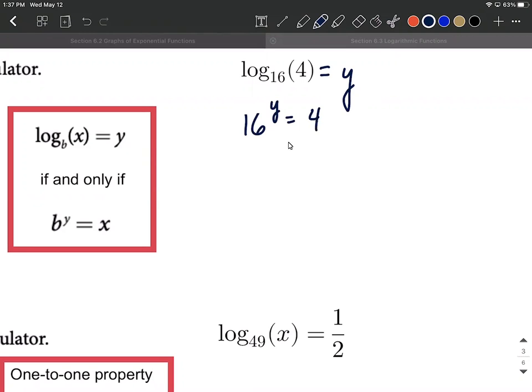From here, what I would probably do is aim to get a common base on both sides, and I would probably aim for 4 because it's the smaller of these integers. So if I want to rewrite 16 as 4 to a power, I know that 4 times 4, or 4 squared, is the same thing as 16, but because 16 was raised to the y power, whatever I replace 16 with also has to be raised to the y power.